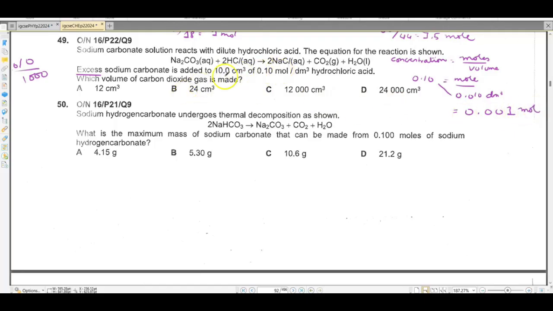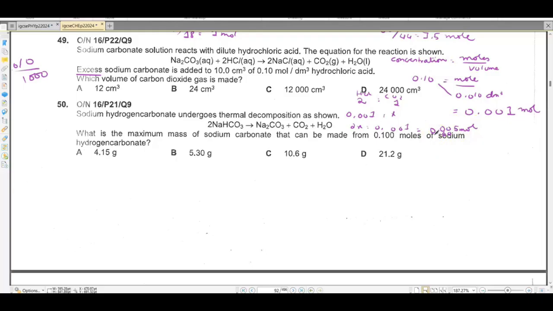Now we are going to find the moles of carbon dioxide. Since we over here have HCl and carbon dioxide in a ratio of 2:1, then we have the moles and then X. So 2X is equal to 0.001. And this divided by 2 is going to give us moles as 0.0005 moles. We have the moles of carbon dioxide.